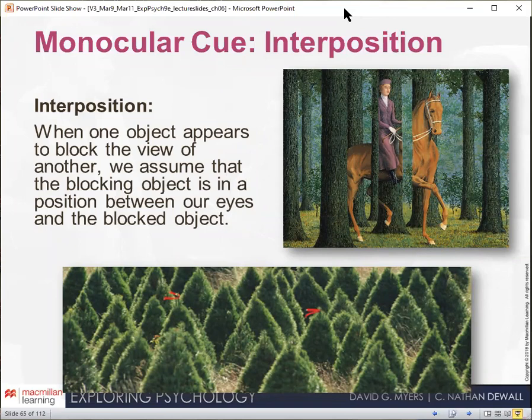That is interposition. That the lectern is blocking the part of the instructor, therefore it is closer to you than the instructor is. The instructor is on the other side of it. So that is the basics of interposition. It's just saying something is blocking something else. That thing that is being blocked is further away than the thing that is doing the blocking.